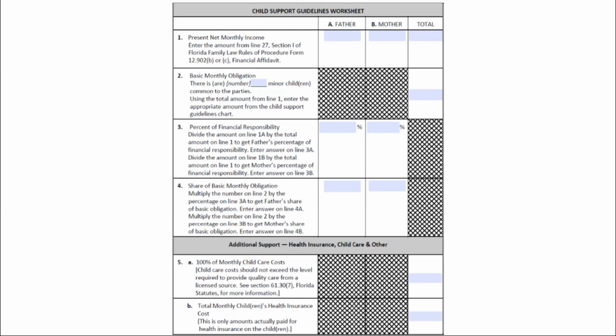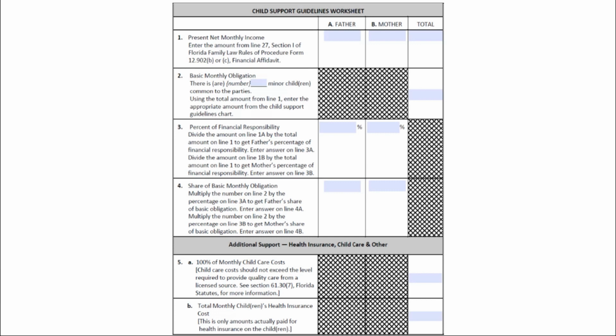In order to find out the percentage of financial responsibility for each party, you must divide the amount on line 1A by the total amount on line 1 to determine the percentage of financial responsibility for the father. Make sure to enter this percentage in line 3A where provided.